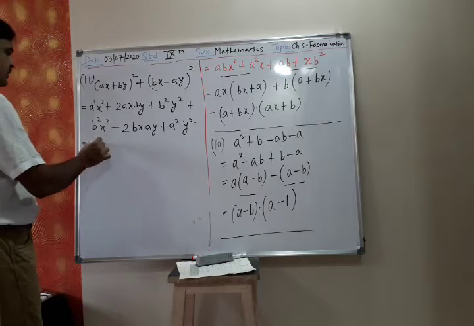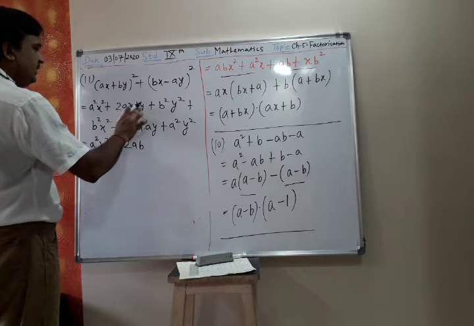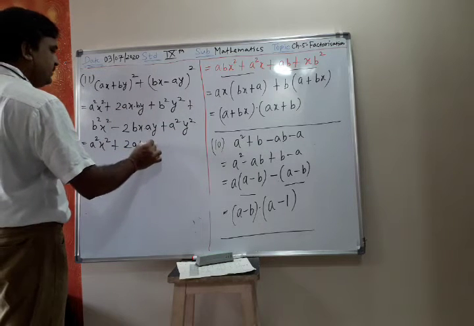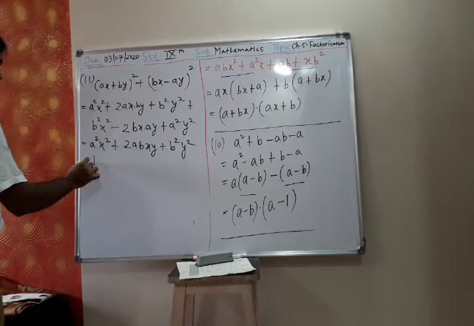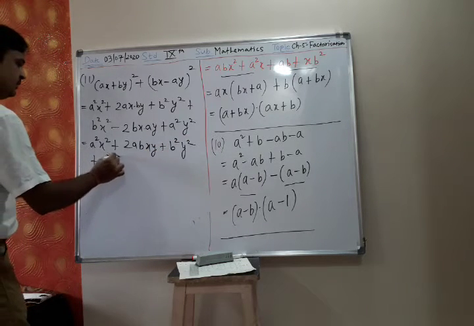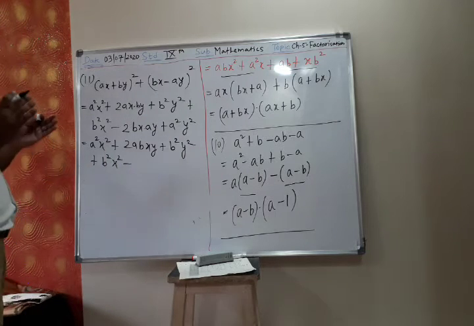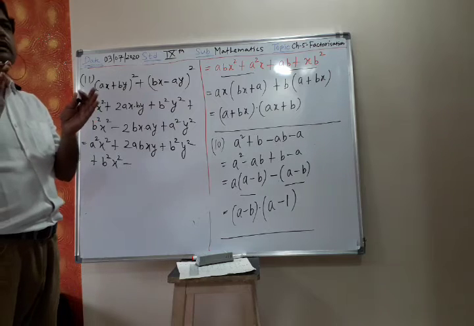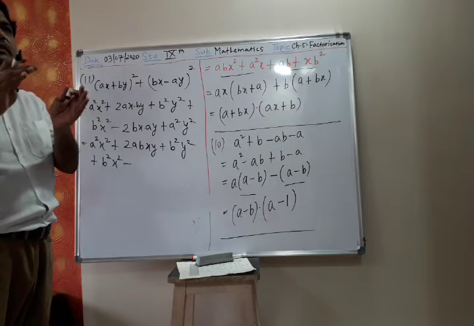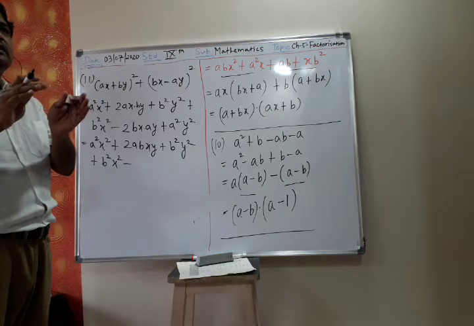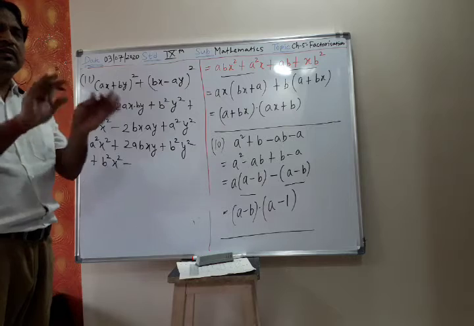Yes, a square x square plus 2ab xy, I can take ab together, 2ab xy plus b square y square plus b square x square. A into b into c, multiplication is commutative. A into b into c is same as b into c into a, is same as c into b into a. Multiplication you can take in any order.